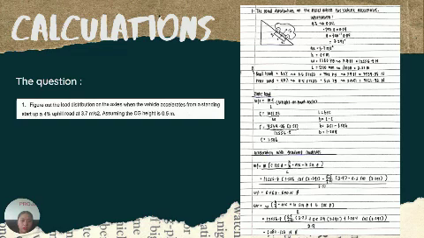So this is the calculation that we use. We use the formula of static load, and then after getting the values of C and B, we continue with the formula for acceleration with gradient condition.